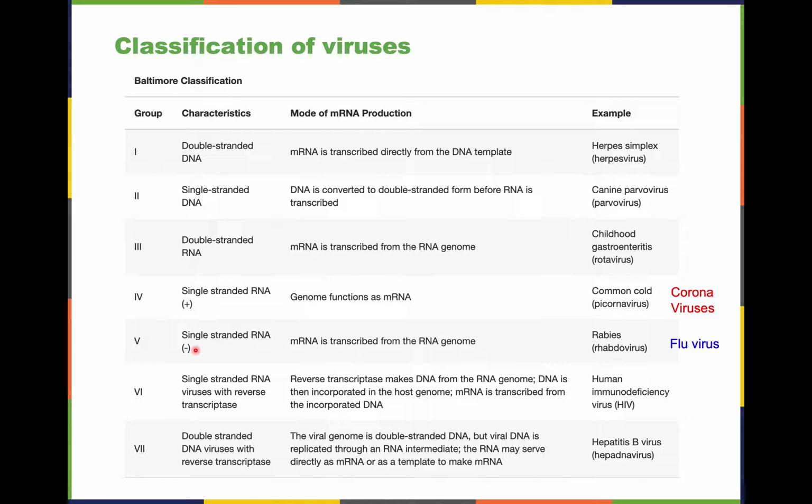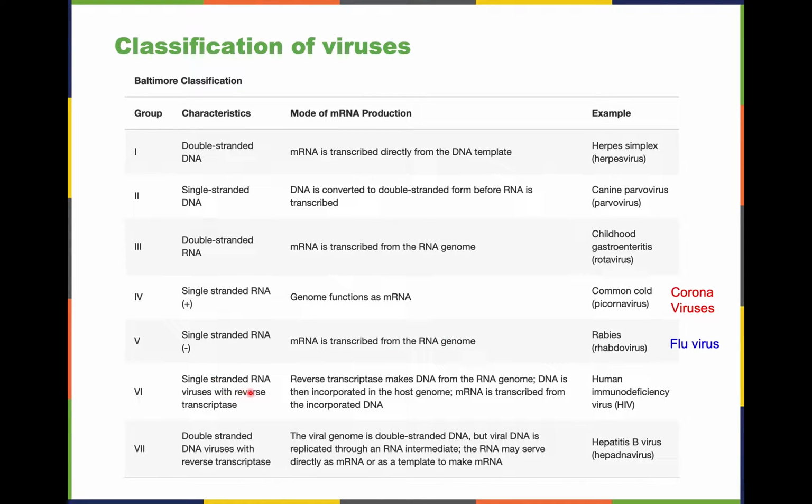We also have single-stranded RNA viruses that are negative strand. An example is the flu virus. Their RNA, which is injected into the cell, actually can't be used to make protein. The positive strand messenger RNA has to be transcribed from the RNA genome.